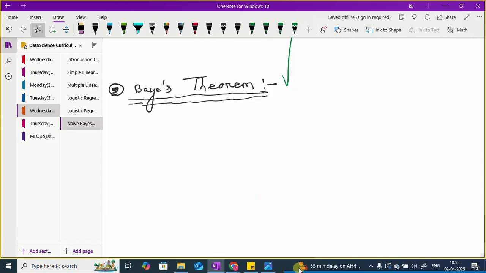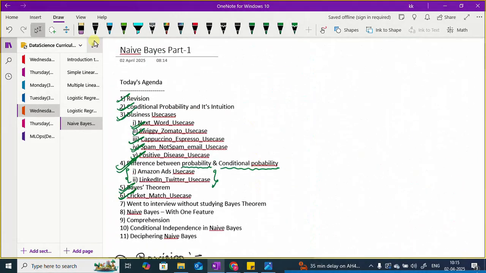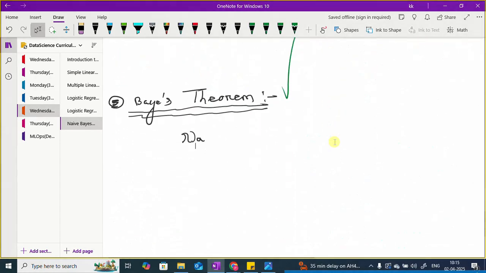Okay. So guys, what do you mean by Bayes theorem? What do you mean by Bayes? It looks like a crazy name, right? Generally, there is a famous mathematician, whose name is Thomas Bayes.